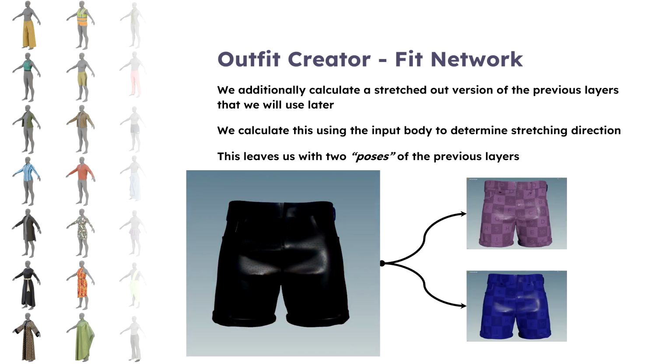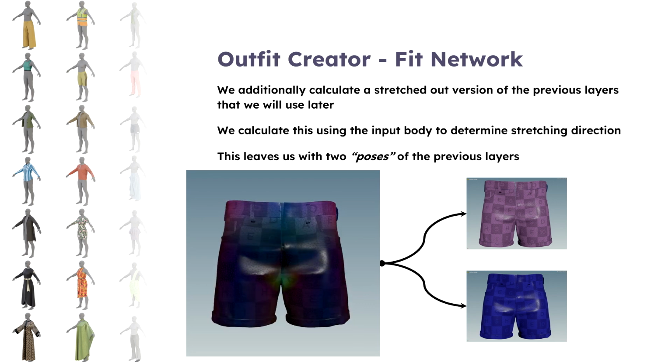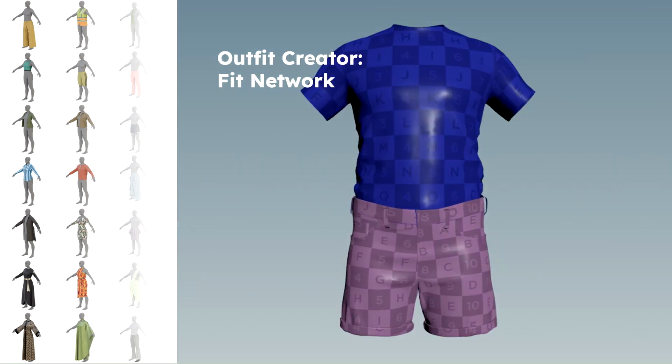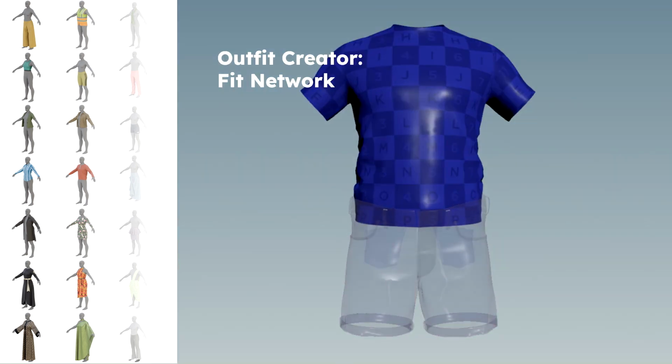We then look at the previous layers and determine a stretching direction based on the input body, and we stretch out that layer, and that gives us 2 poses, stretched out and normal rest pose. We use both of these to be fed into a detangle node, along with the next layer, in this case, a t-shirt. What that does is it sort of squishes the t-shirt so that it fits within the shorts, so that there's no overlap and it just sort of compresses.